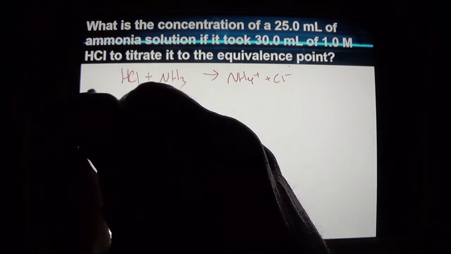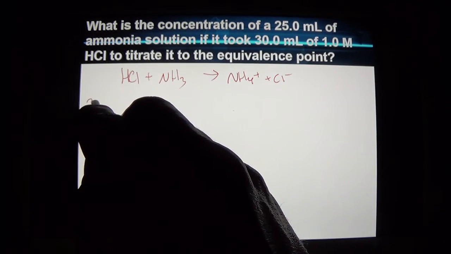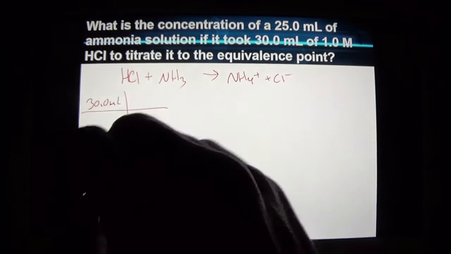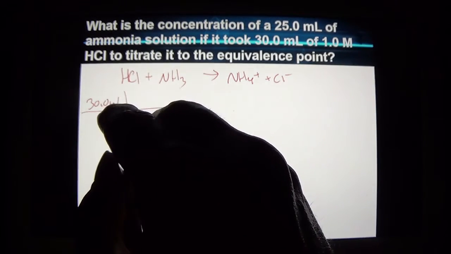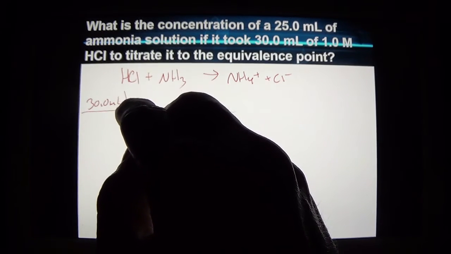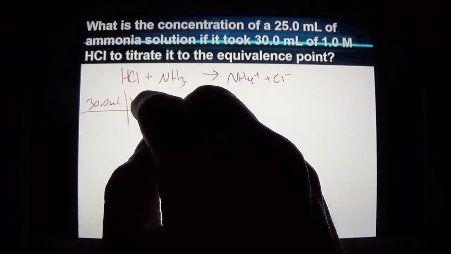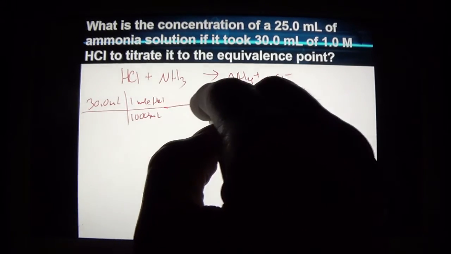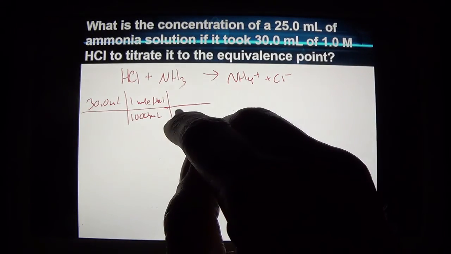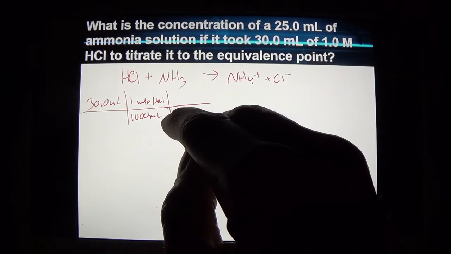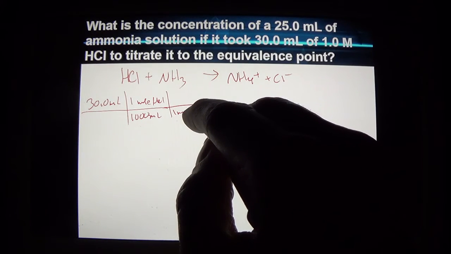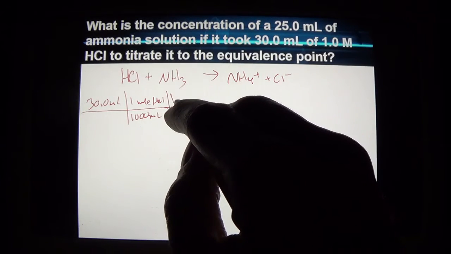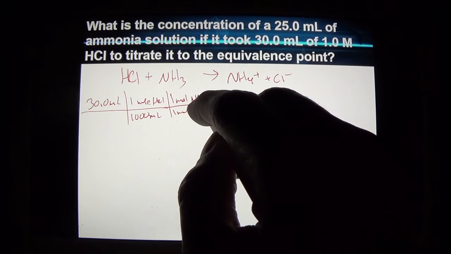Isn't that fun? So what do I know? I know it took 30 milliliters of 1.0 molar HCl, so that's 1 mole of HCl in 1,000 milliliters. And I know from my reaction here, 1 mole of HCl will neutralize 1 mole of NH3.